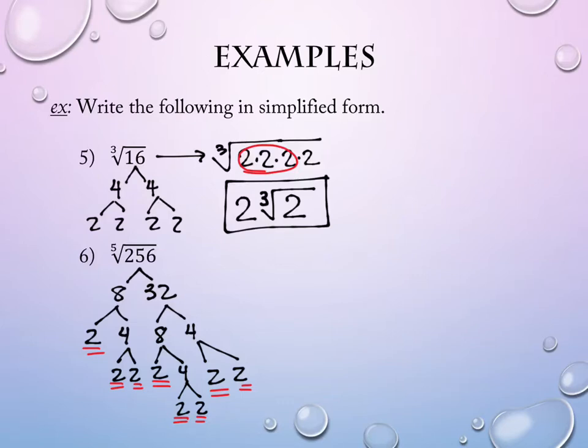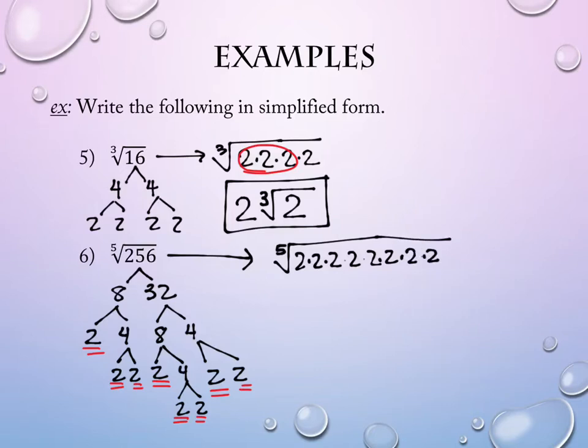All right, so as we rewrite this, we've got a fifth root, so that's my index, the 5. And we have 1, 2, 3, 4, 5, 6, 7, 8 2s. That's what y'all told me, 8 of them. How many need to be in a group to come out from underneath a fifth root? 5 of them.